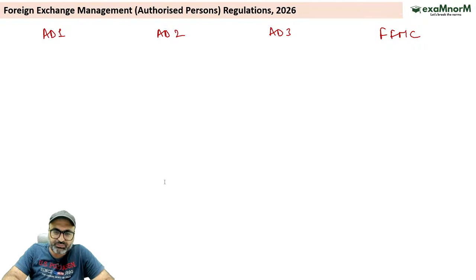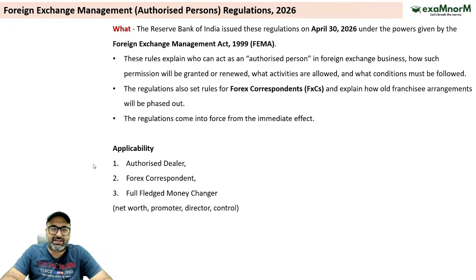For those who don't know, I hope we have discussed this a number of times. Current account and capital account transactions: when we talk about a transaction which is regular in nature, it has no effect on the day-to-day basis liability as well as asset of the country.